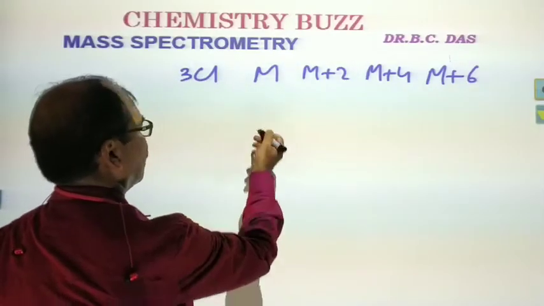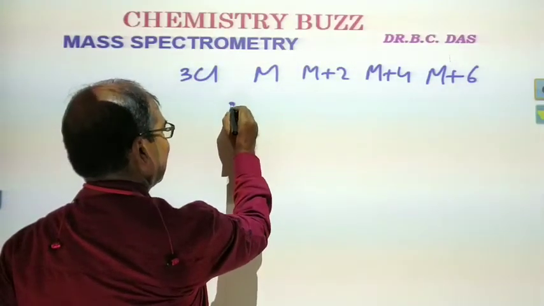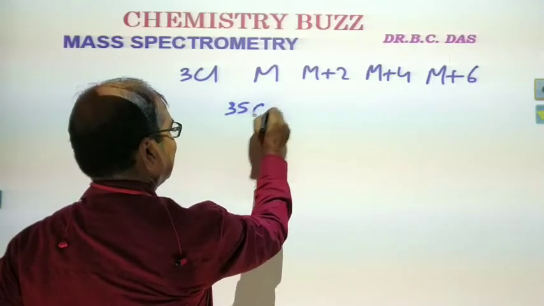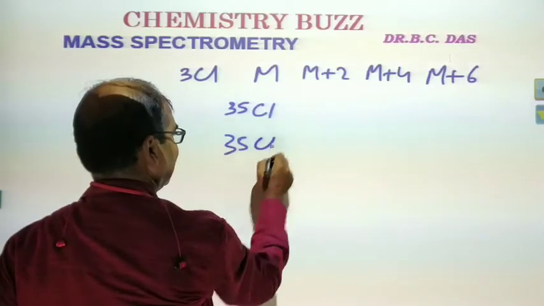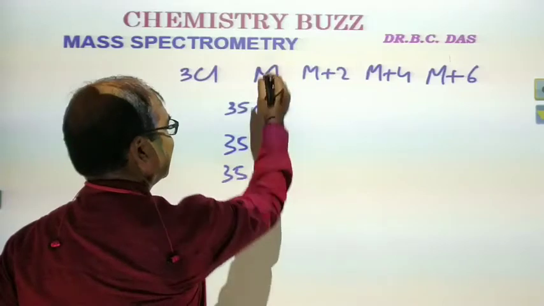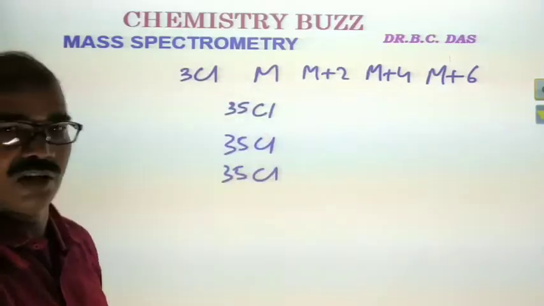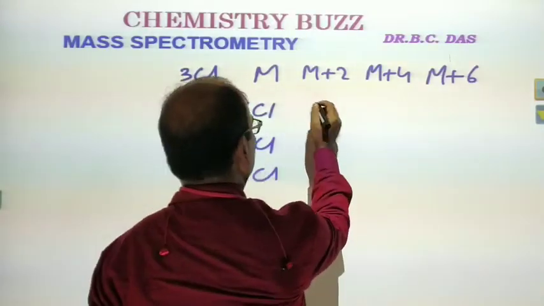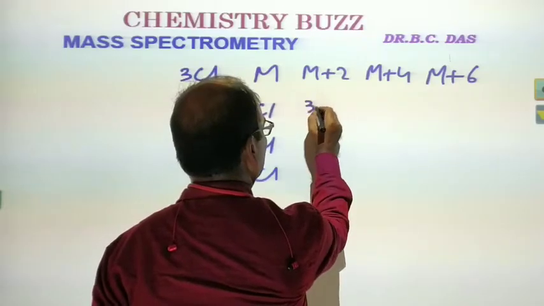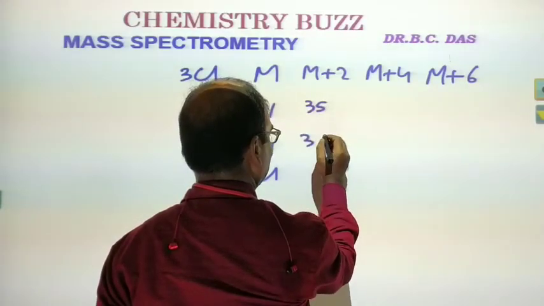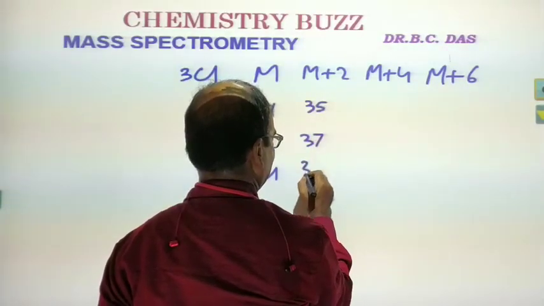So for M we will have 35Cl, 35Cl, 35Cl. All three will be 35 because it is 100%. Then for the next, one will be 37 and two will be 35.